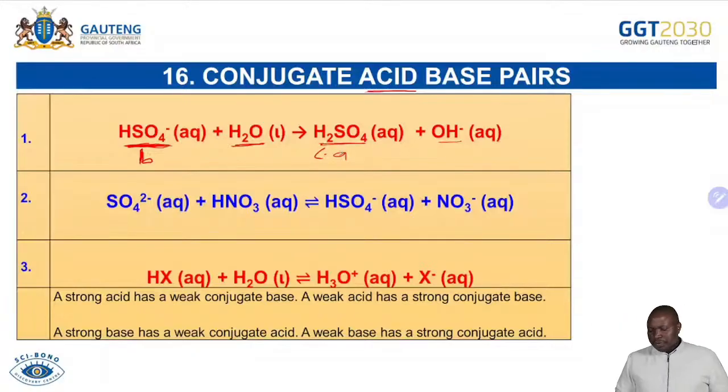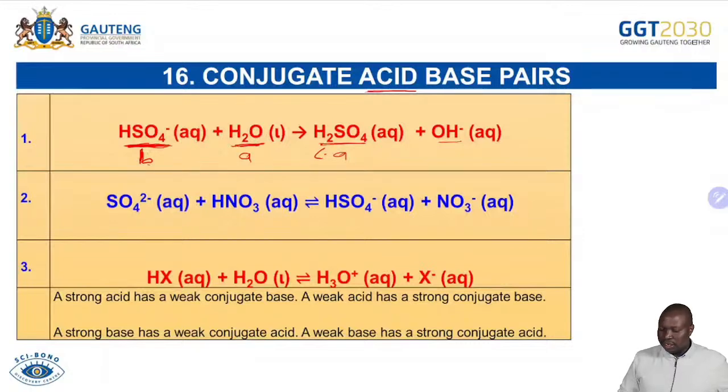And then we're having water. If HSO4 minus is a base, definitely water would be an acid here. Remember we said water is a good ampholyte, it can act as an acid, it can act as a base. Here, water is acting as an acid, and HSO4 minus is your base.